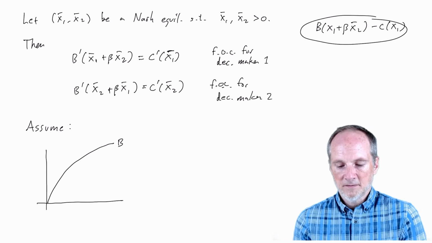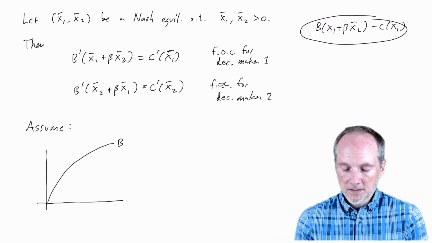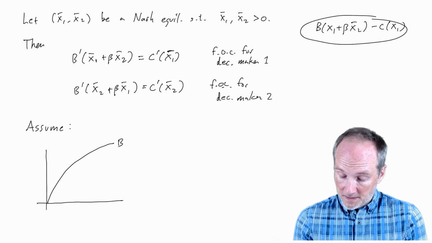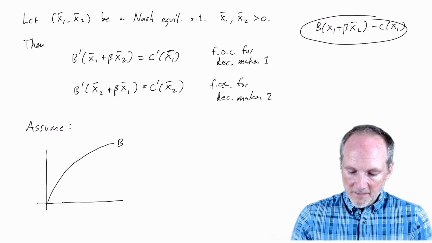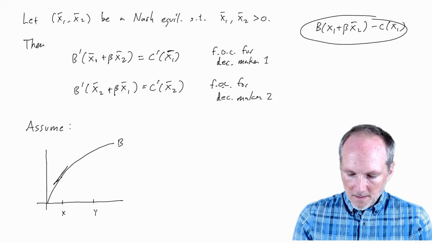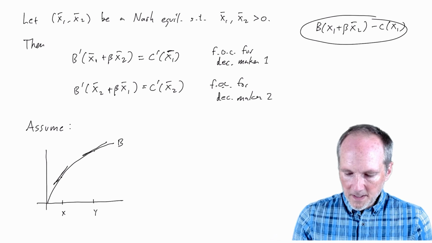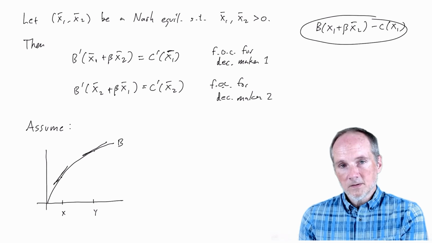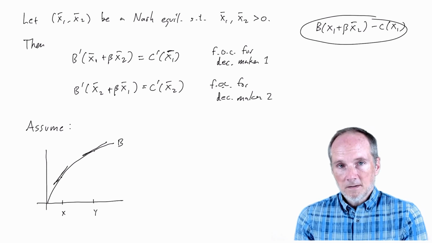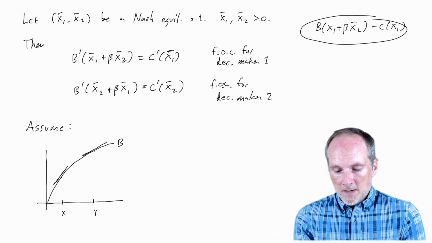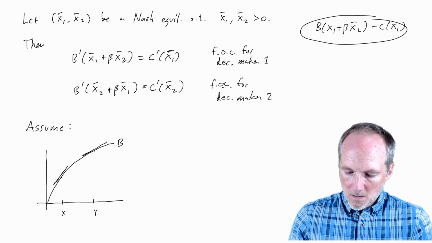That's the benefit function for each decision maker, and that means that the derivative, for example, if you look at x and y, you'll notice that the function gets flatter as we look at higher activity levels. That means the derivative is decreasing, and we call that decreasing marginal benefit.